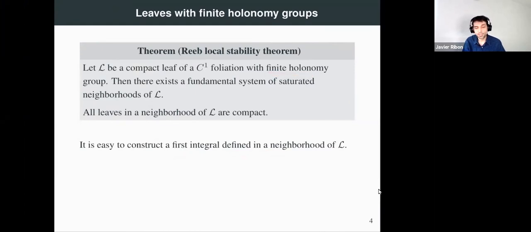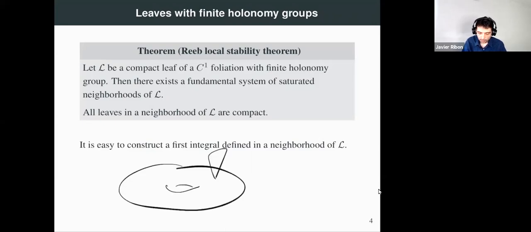And in the case that here we had phi minus 1 of P, we consider a function defined in this transversal that is invariant by the action of the holonomy group, and then you extend it in the natural way to be defined in a neighborhood of the leaf, right?